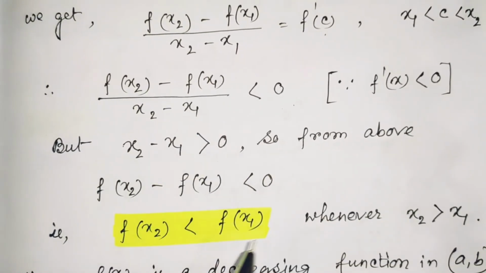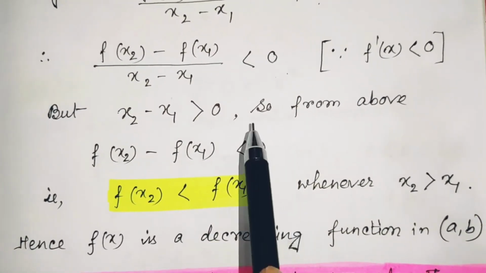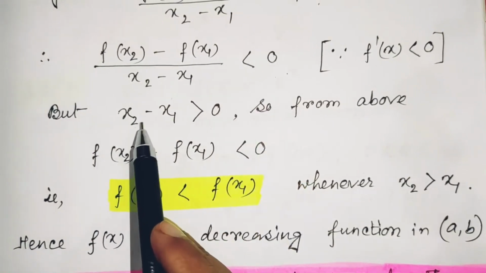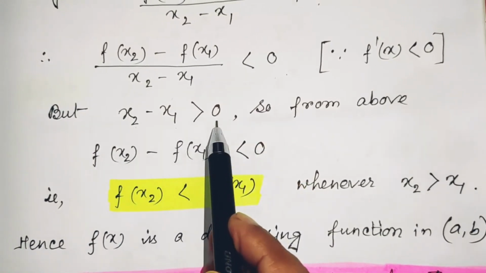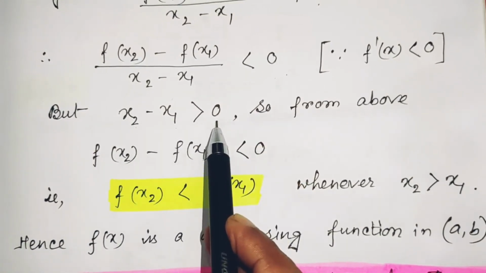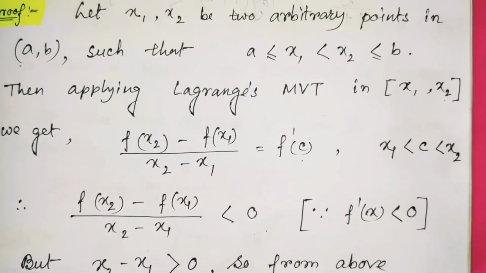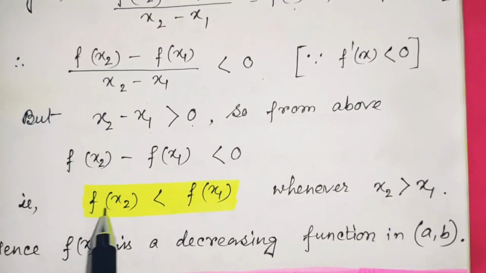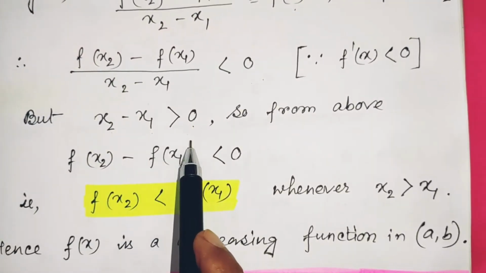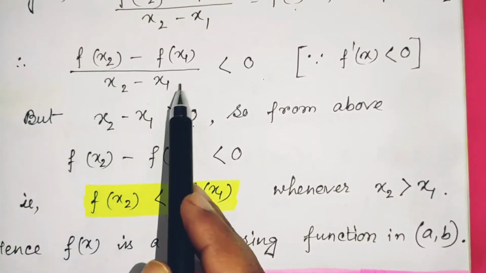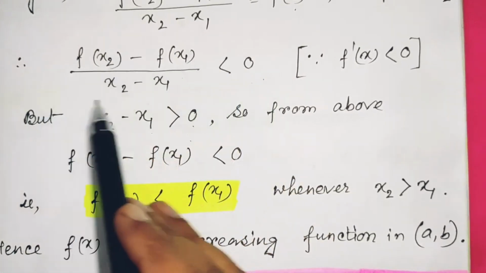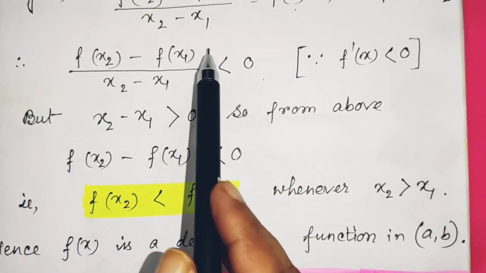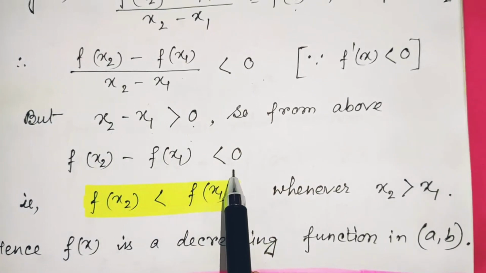Now as this one is less than 0, we can say from here that x2 minus x1 is always greater than 0. Is it or not? Because just look at the limit here, x1 less than x2 is given, that's why x2 minus x1 is always greater than 0. So that part is greater than 0. So if this inequality holds, that means that portion should be less than 0.